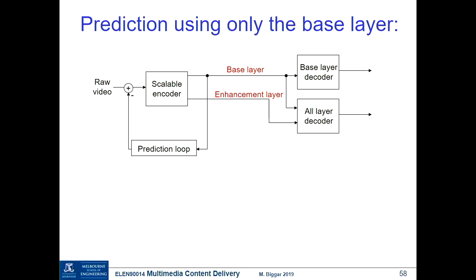Yeah, right up here, our aim always from the point of view of coding efficiency is to make the best prediction here as we possibly can so that this signal here is small and this reduces the bit rate that we're sending out of the encoder. Here we're deliberately making a choice that limits the quality of this prediction because we're only using the base layer. So let's think about the alternative.